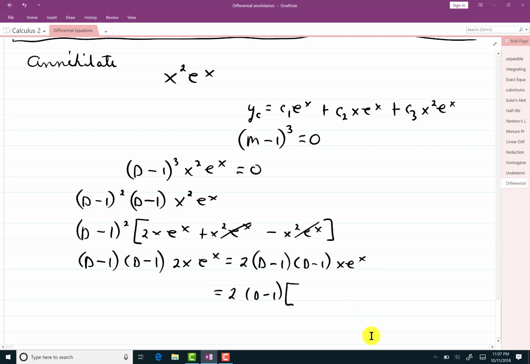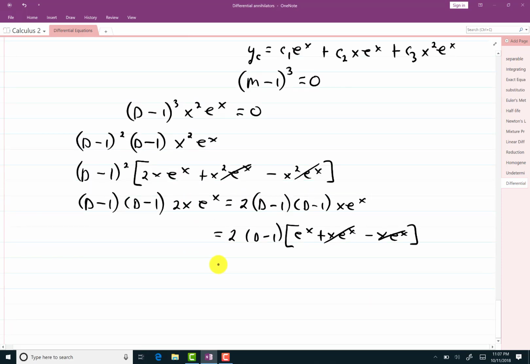So the first derivative will be e to the x plus x e to the x minus x e to the x. Well, those x e to the x's cancel. But you can see it's kind of whittling its way down. Now I have 2 d minus 1 e to the x. And we already know that d minus 1 annihilates e to the x. So that will equal 2 times 0, or just 0.